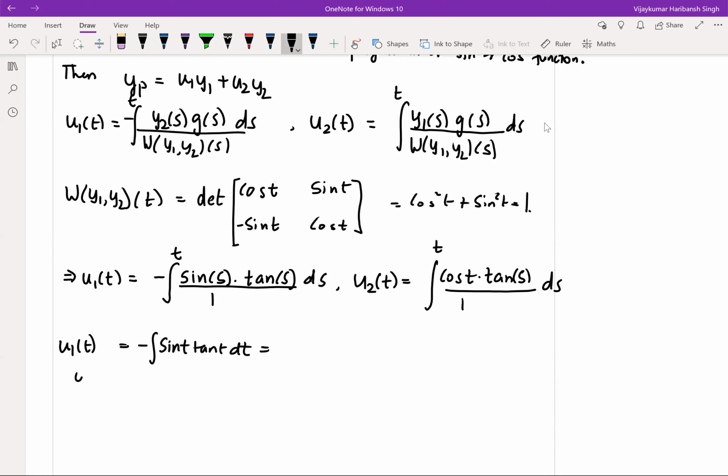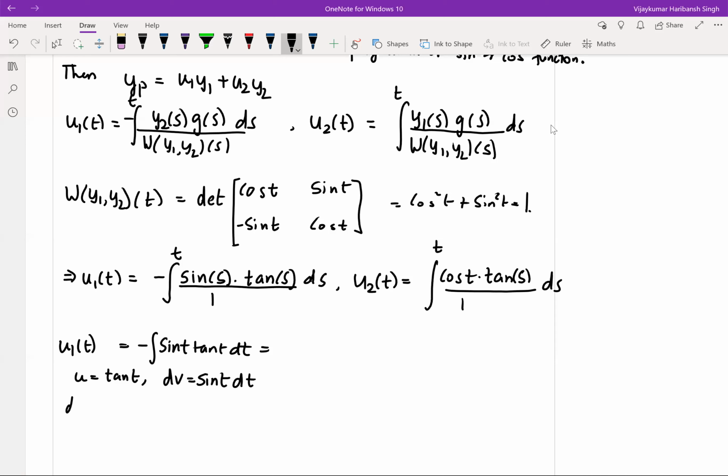So let u equal tan t, and dv is sine t dt.